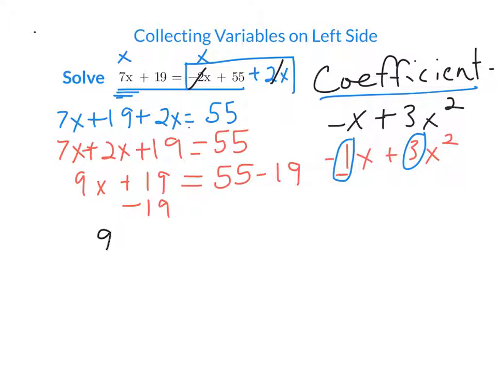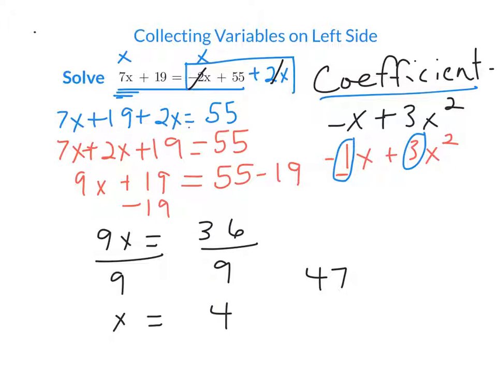And now I have 9x equals 36. Now I want to divide each side by 9 so I have just the x, and I will have x equals 4. Then if I plug that back in, I can test to see if that would work. And our answer would come out, if you work that out, to 47 equals 47.